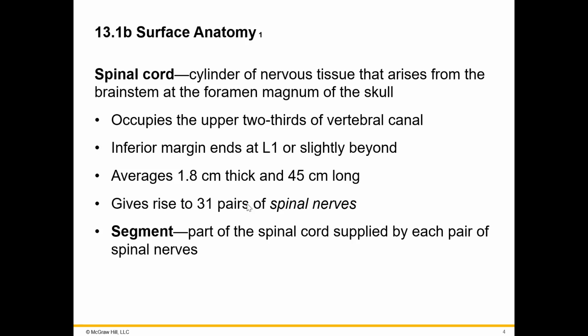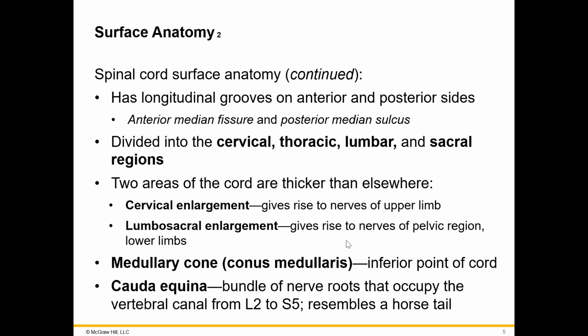There are 31 pairs of spinal nerves, and a segment is a part of the spinal cord that is supplied by each pair of spinal nerves. So we have the cervical, the thoracic, the lumbar, and the sacral regions. The spinal cord has longitudinal grooves on the anterior and posterior sides, the anterior median fissure and the posterior median sulcus.